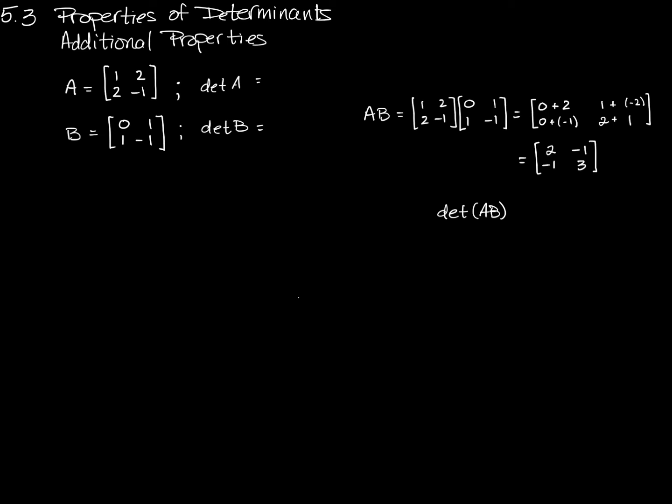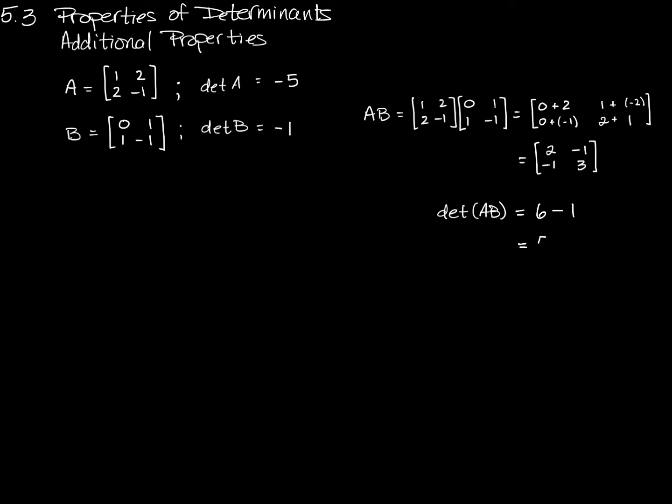So negative 1 minus 4, that's negative 5. The determinant of B is 0 times negative 1, which is 0, minus 1 times 1, which is 1. So that determinant is negative 1. The determinant of my product is 2 times 3, which is 6, minus negative times a negative is a positive. Negative 1 times negative 1 is positive 1.